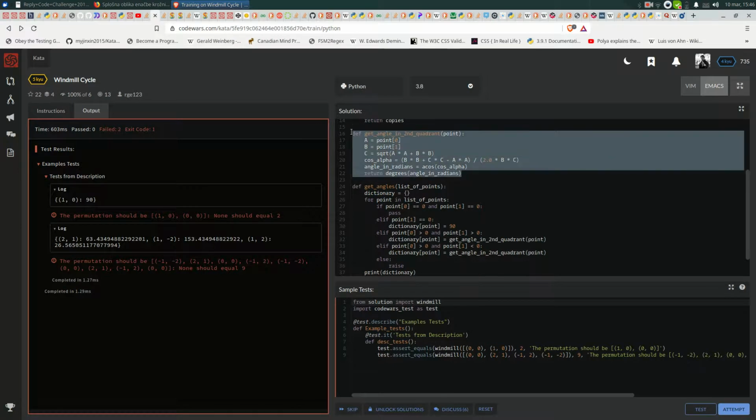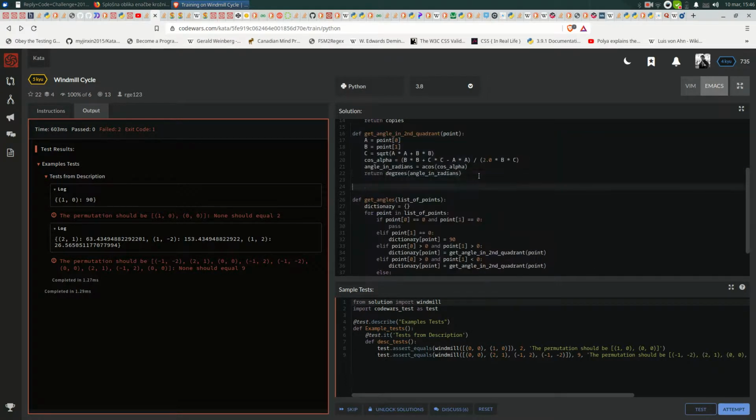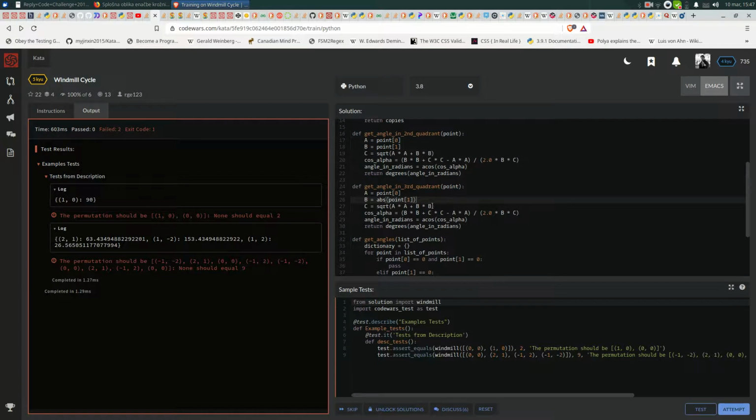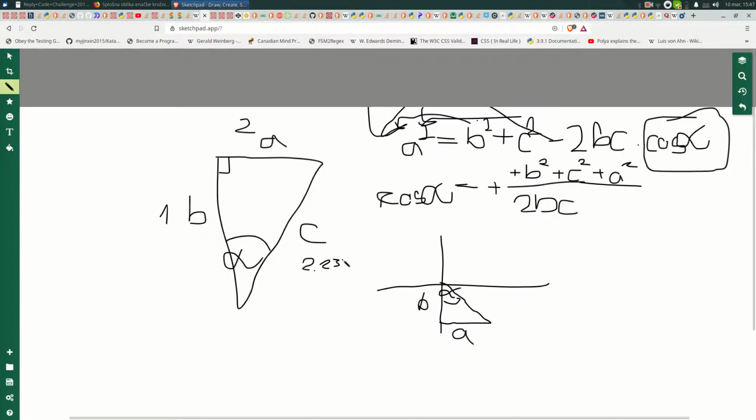So if we just say get angle, copy, maybe that is the same, I don't know. Just paste, get angle in third quadrant, and in the third quadrant the y is negative, so we say ABS, absolute. All right. So it's like that. We want to find out this angle.